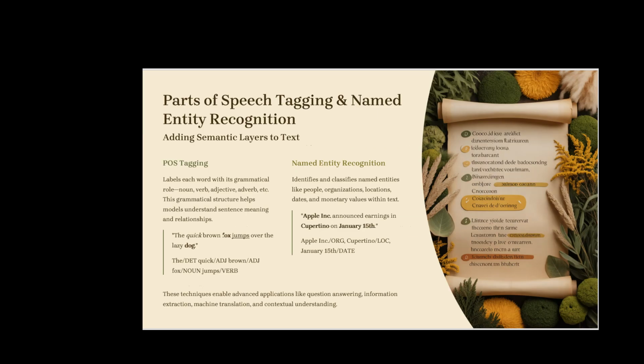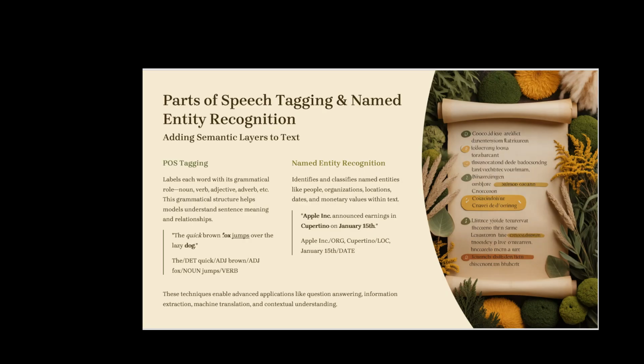Moving to the next pre-processing technique, which is parts of speech tagging and named entity recognition. What happens in POS tagging, or parts of speech tagging, is we are going to label each word with its grammatical role. Parts of speech is the grammatical role or the grammatical structure that a word lies in, whether it is a noun, verb, adjective, or an adverb.